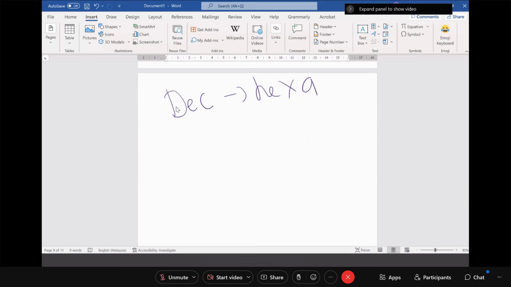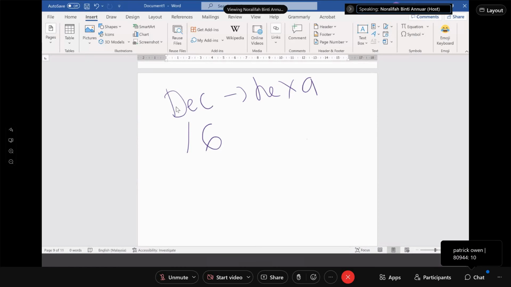Okay, decimal I give you 16. Berapa value dia dalam hexa guys? What is the value in hexa? Cara nak buat tak apalah, saya jawab dah senang, cepat sikit. Okay, ada orang jawab. Saya tengok jawapan apa.